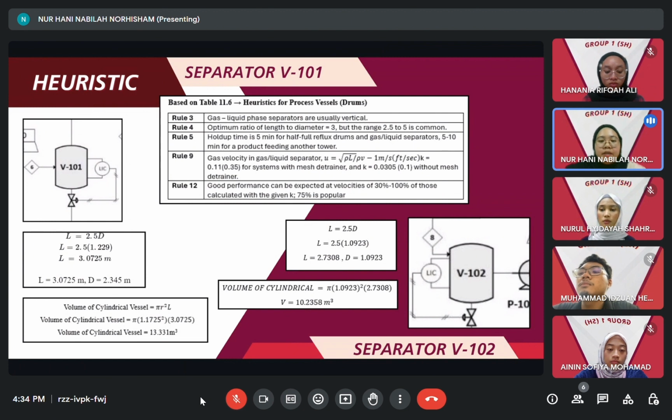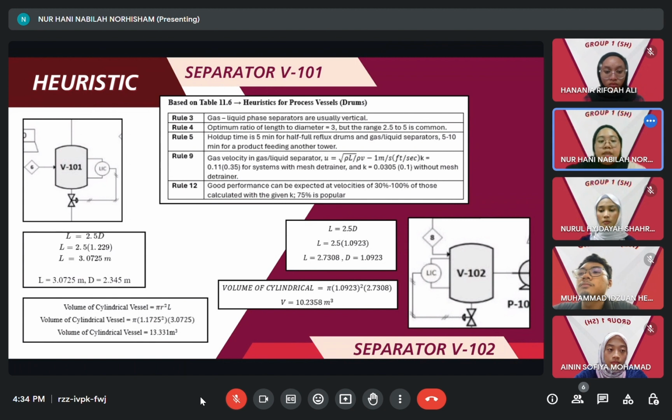After obtaining the actual utilization factor, we can obtain the diameter for the equipment, which is 2.345 meter.